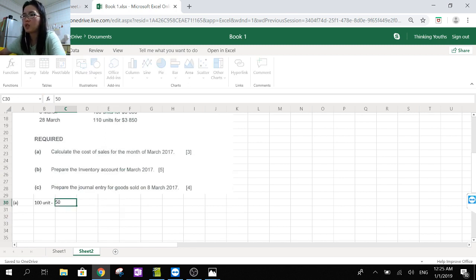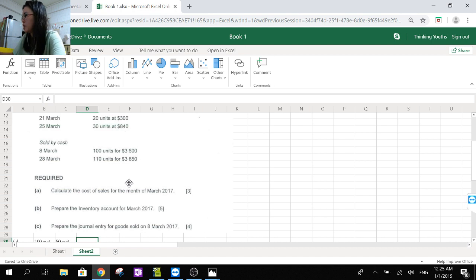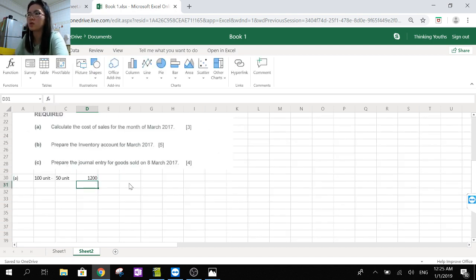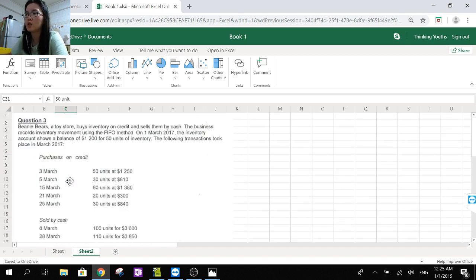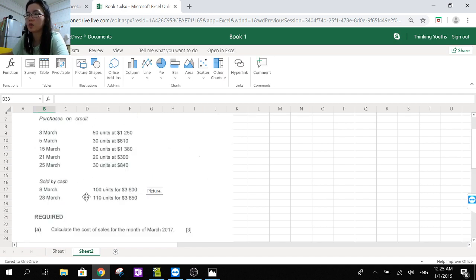So 50 units, this is the balance in the beginning, so 1,200. Another 50 units which you purchased on the 3rd March is 1,250. Okay, so this is the first batch of the goods that you are selling.